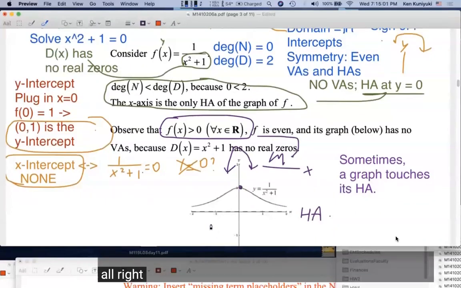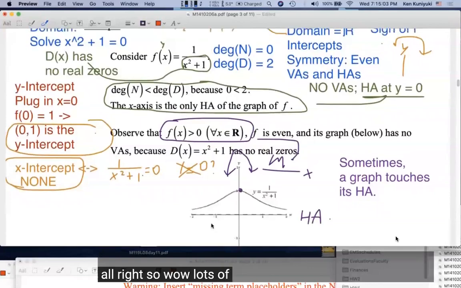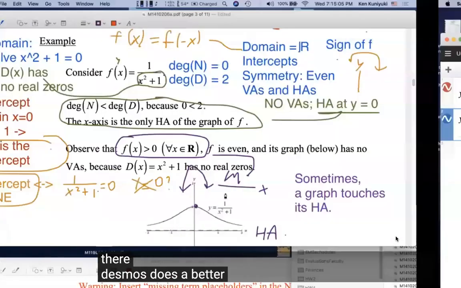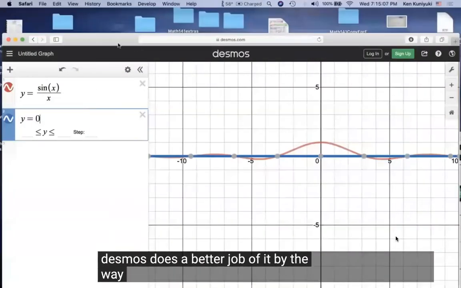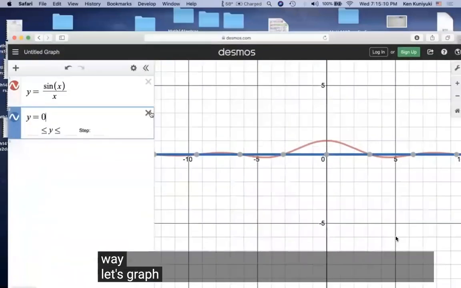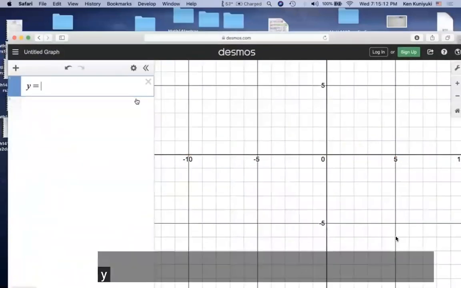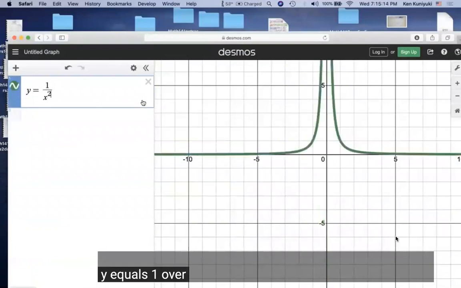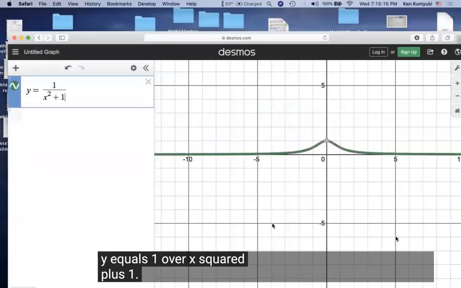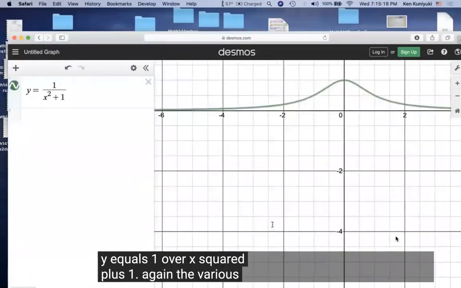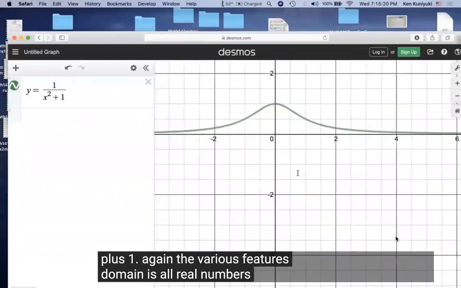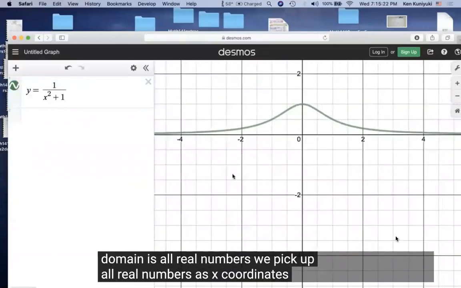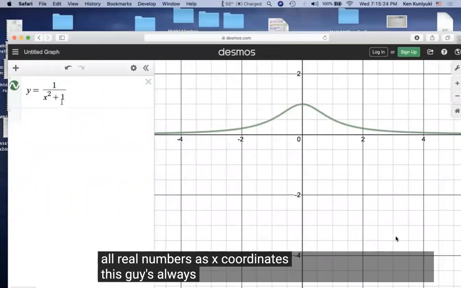All right. Wow, lots of information there. Desmos does a better job of it, by the way. Let's graph y equals 1 over x squared plus 1. Again, the various features: the domain is all real numbers. We pick up all real numbers as x coordinates. This is always positive for all real x, so it's always above the x-axis.